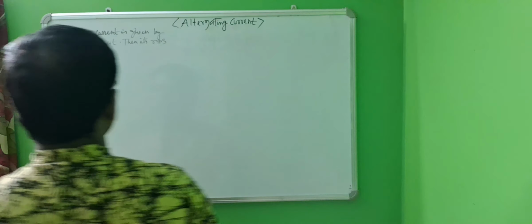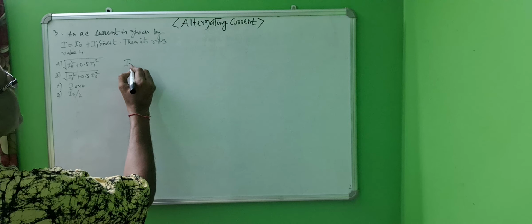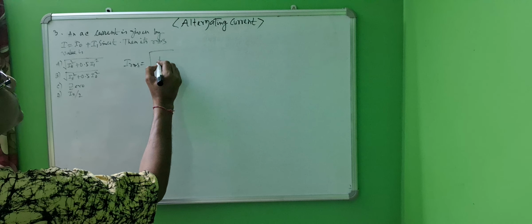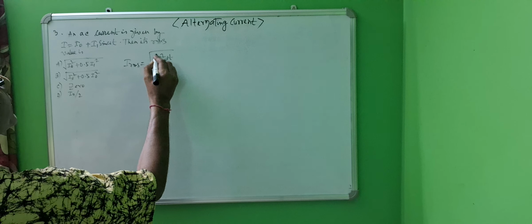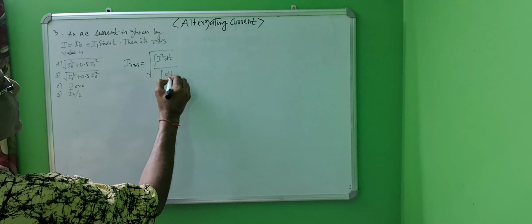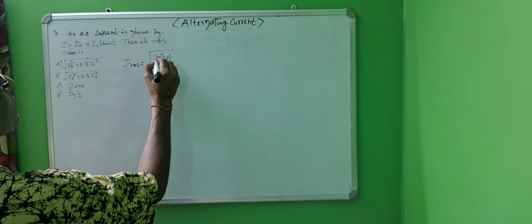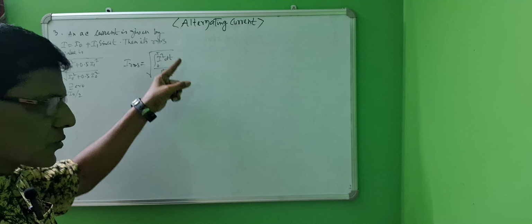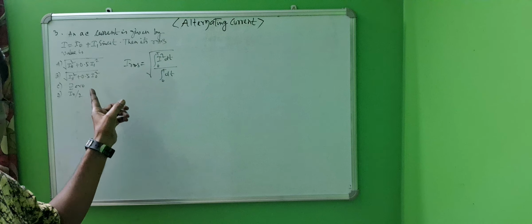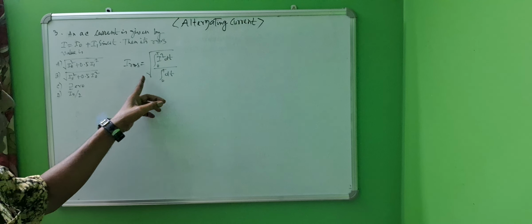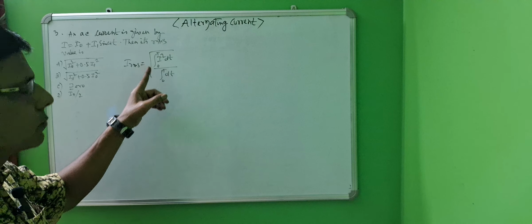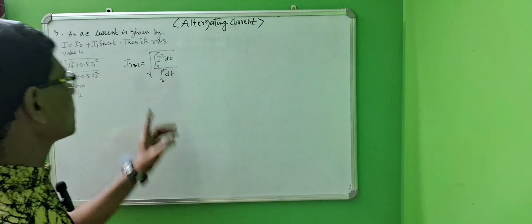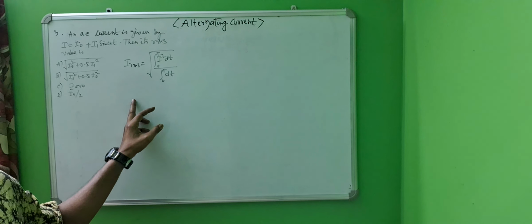We know I RMS equals root over the integral of I square dt, this divided by the integral of dt. By definition, this is the root and this is the mean square value of current I. Cutting out, we get I square mean, and root of it is the root mean square value.